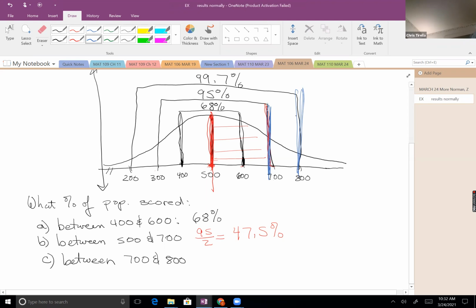The 800 is the boundary for 99.7. 700 is the boundary for 95. So if we're looking between them, we're going to subtract. 99.7 minus 95? But we're only looking on one side. So after we subtract, divided by 2? Beautiful. And so that's going to give me 4.7 divided by 2, or 2.35%.